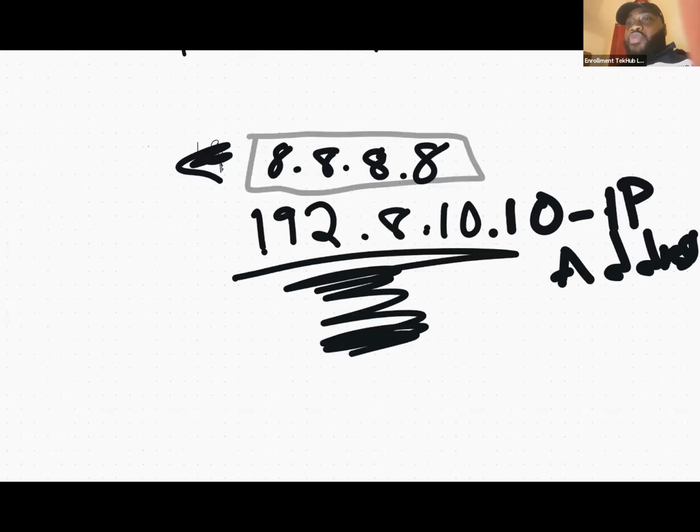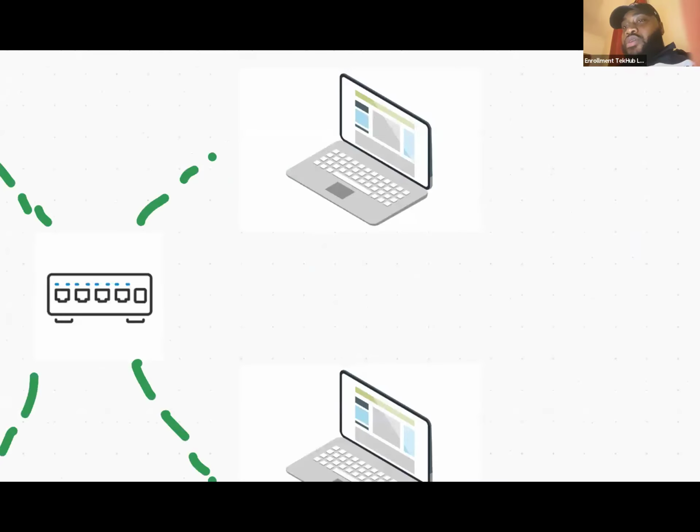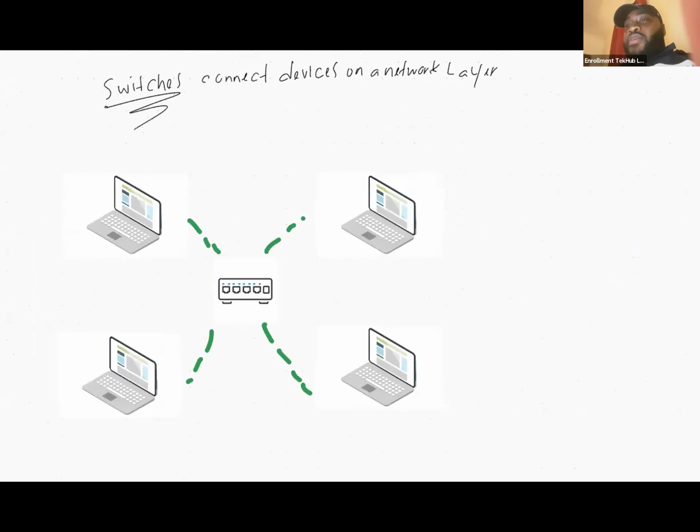this is an example of a switch. You have your switch in the middle, and let's say this is laptop A, laptop B, C, and D. A wants to talk to B: the information will go to that switch, and then the information will go to B. B wants to talk to C: the information will go from B into the switch to C. And so on.